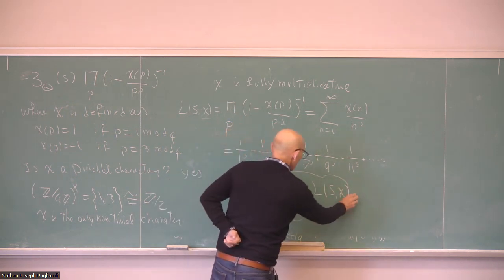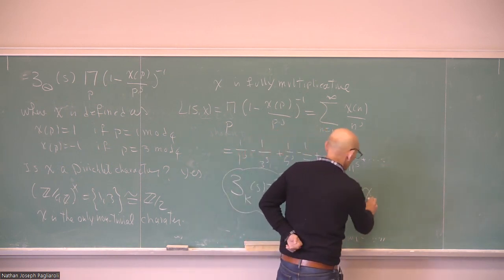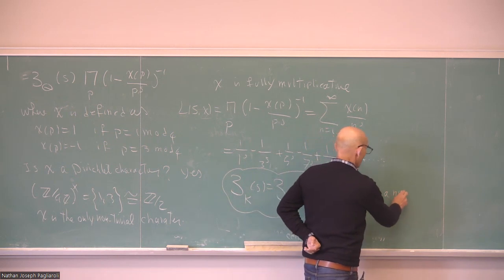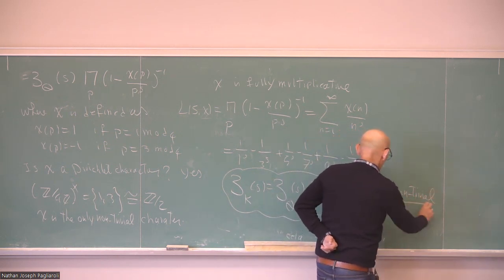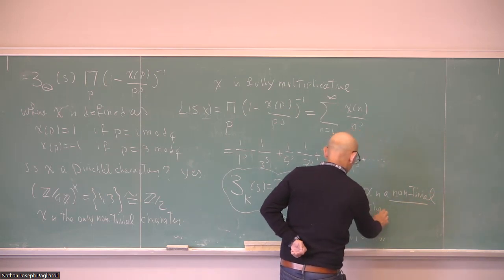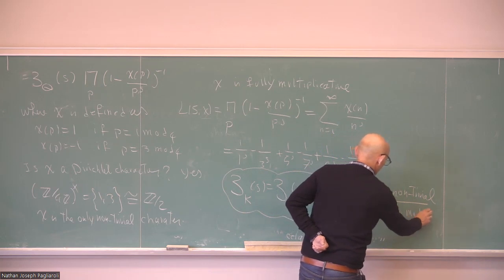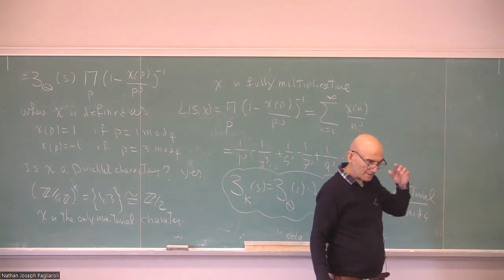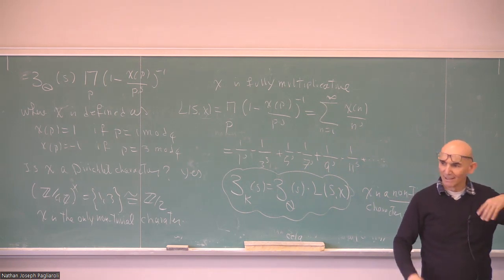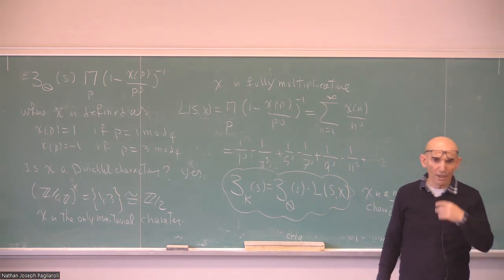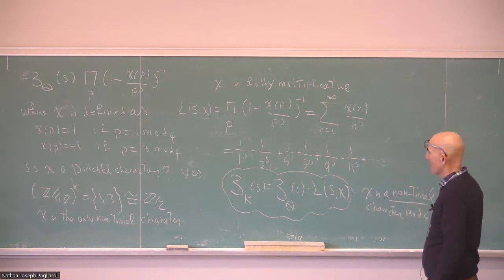Chi is a non-trivial character mod 4. Non-trivial, that's the important thing. When I was writing these things, I assumed n to be the modulus, and characters mod n, but n is equal to 4 in this case.